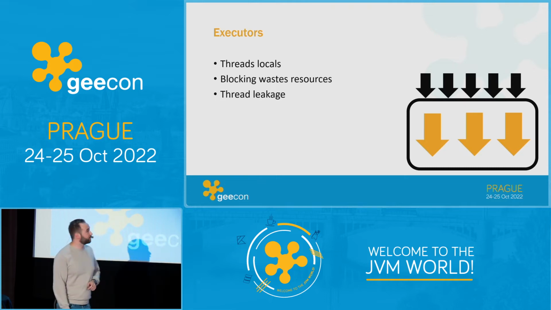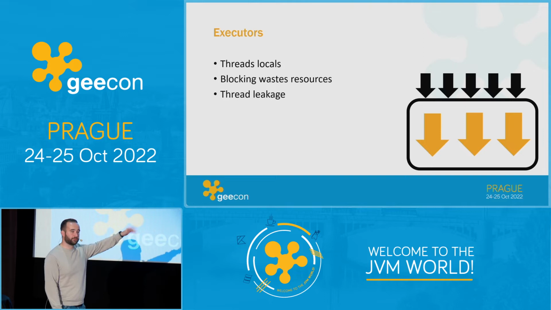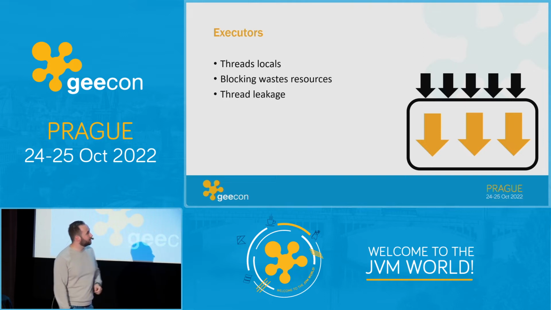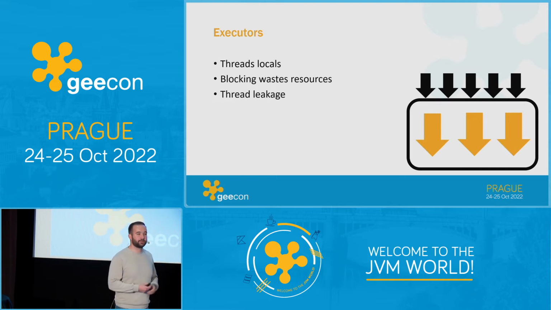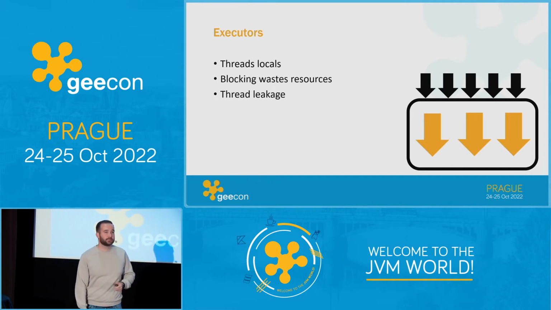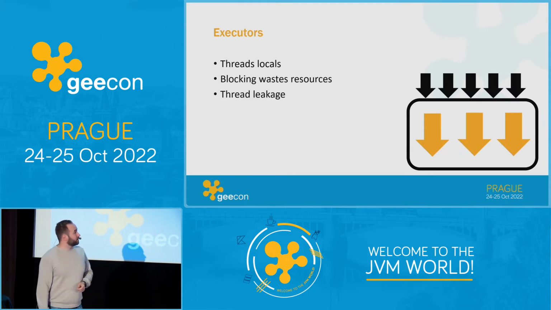And of course, we have thread leakage. If the parent thread that created this thread pool throws an exception, it will be cancelled. Then we have these threads that still have a task, still running. And we leaked our threads inside the system because there's nothing to control them anymore, which also isn't that nice.